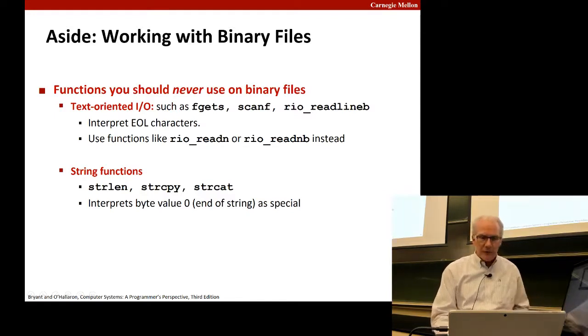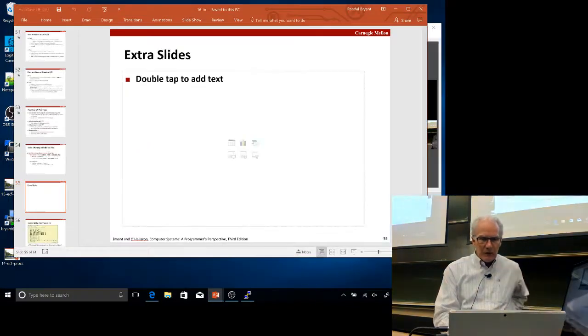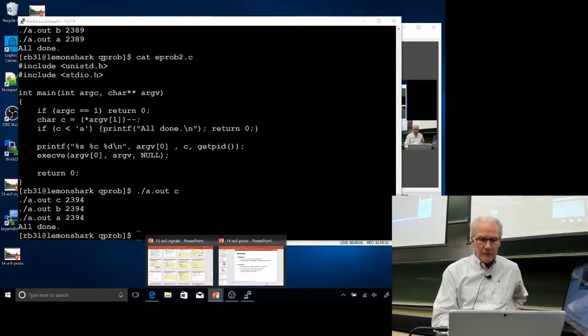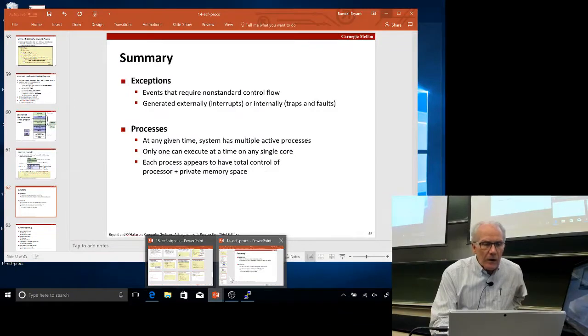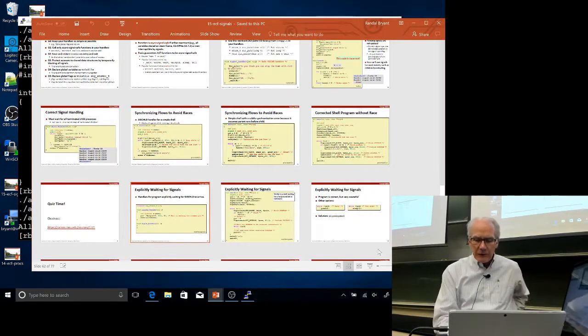Okay, so now I wanted to go back to the lecture from last time. And there's just a few little things that I really wanted to cover in that one.